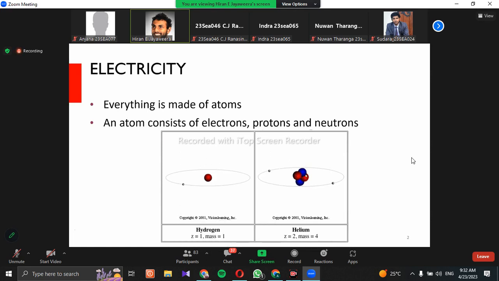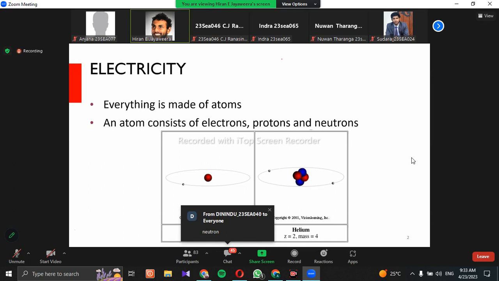Now, when you think of the neutrons coulombically, that means when you consider the charge, those are not charged particles, those are neutral particles. So that is why we call them neutrons. Electrons are negatively charged and protons are positively charged. The charge of the electron we consider -1 and the charge of the proton we consider +1.